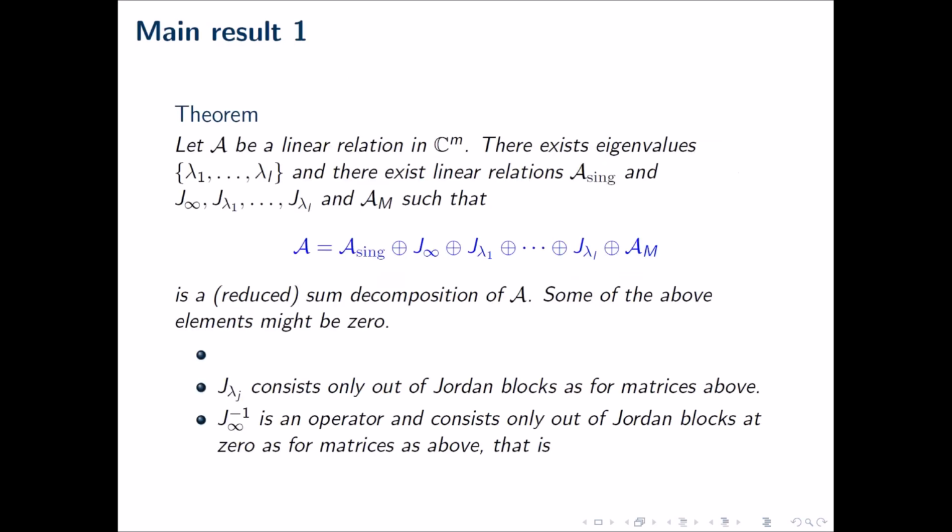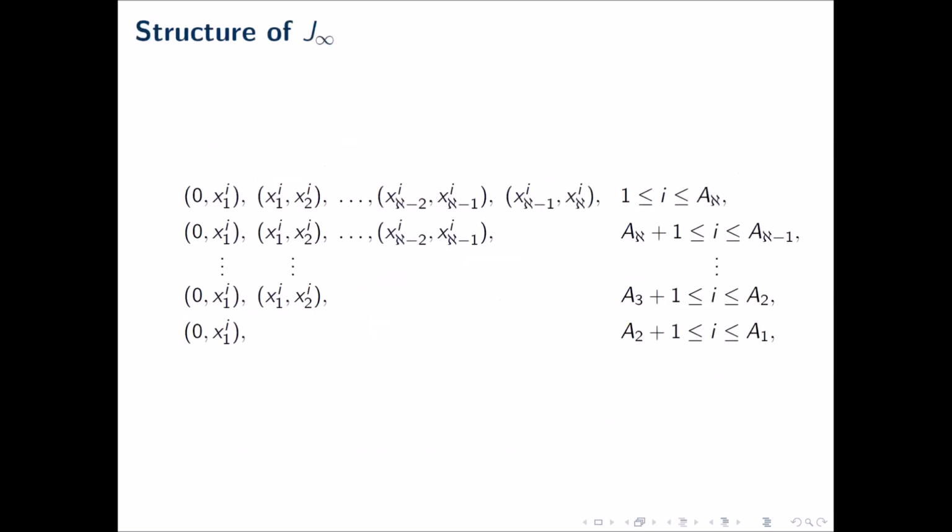Now we go to this guy. How does it look? Well, I just show you the structure. It is J infinity. It is the chains at infinity. The chains at infinity are connected with the multi-valued part. And that's why they all start with 0 and have some length.